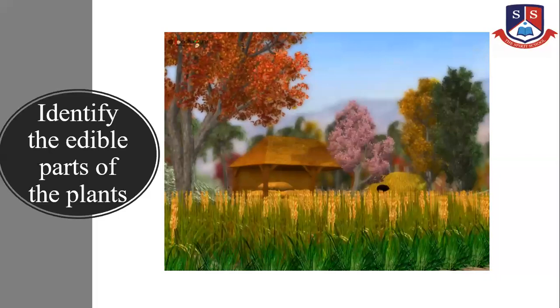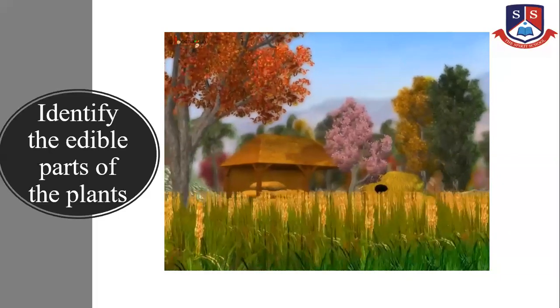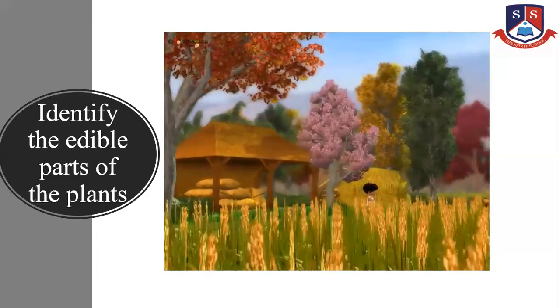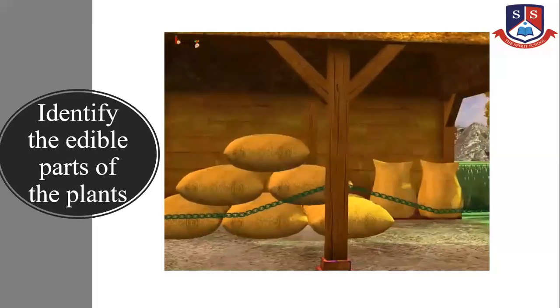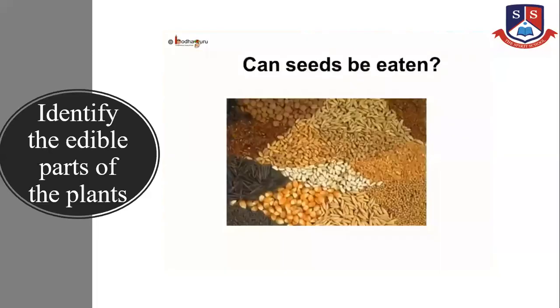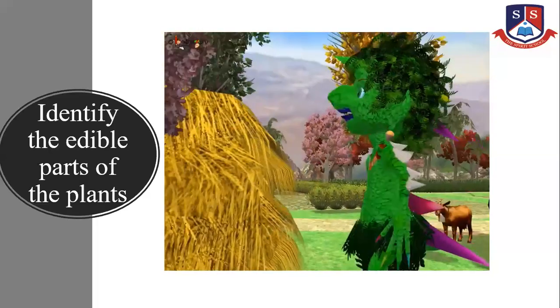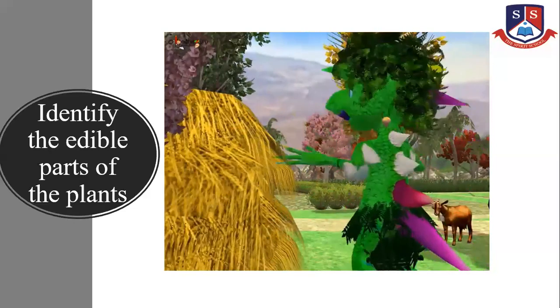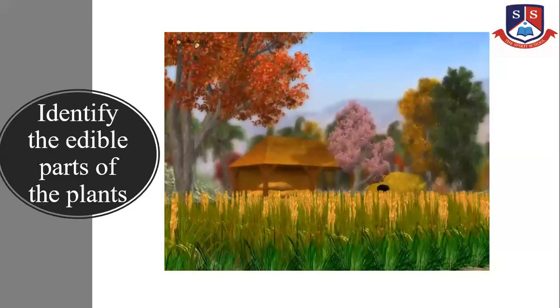Like the monster in the story, many of us think seeds cannot be eaten, but actually, our main food, that is cereal and pulses, consists mostly of the plant seeds. The monster was shocked to know that the rice was actually the seed of the rice plant.